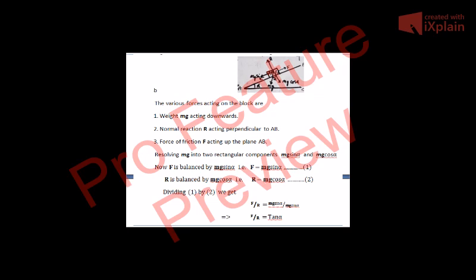Now we see this mg. It has two components: a component perpendicular to the plane and a component along the plane. Here, the perpendicular component is mg cos alpha, and the component along the plane is mg sin alpha. So mg cos alpha will balance the normal reaction R, and mg sin alpha will balance the force of friction.